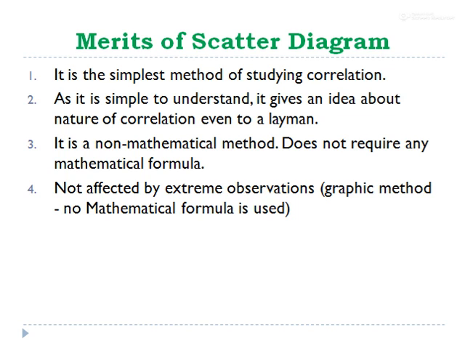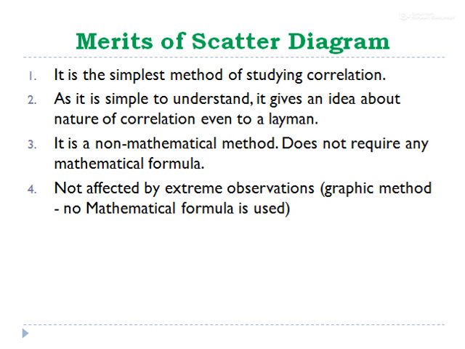Let us see the important merits of scatter diagram. First merit is that scatter diagram is the simplest method of studying correlation between two variables. Second is, as scatter diagram is very simple to understand, it gives a clear idea about the nature of correlation even to a common man.